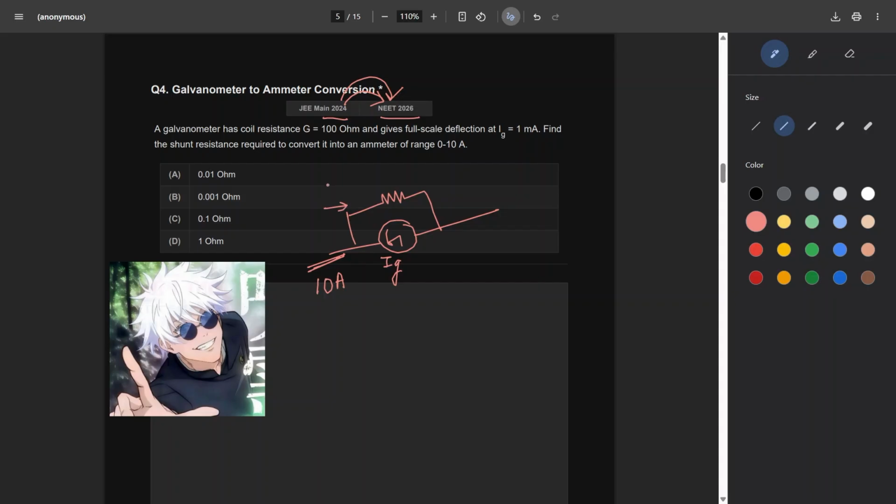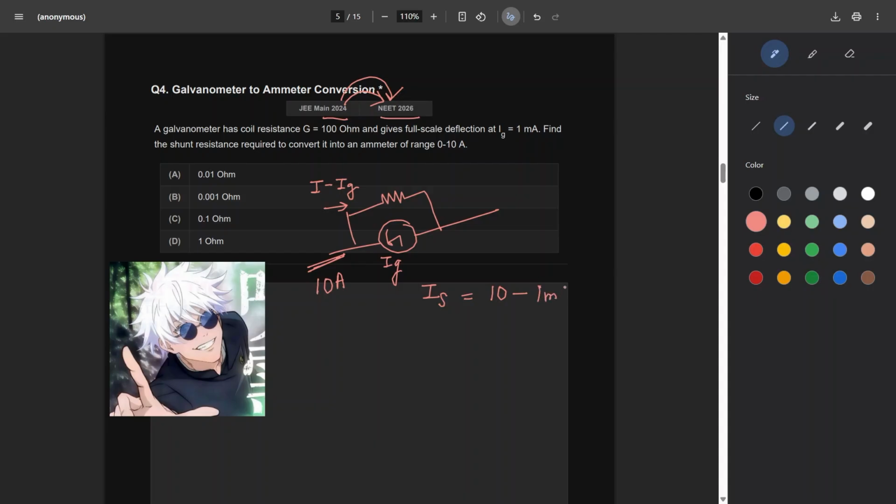And this stuff is I minus IG, right? We take the current going into the galvanometer as very small, and then we take this I, that current going into the shunt, as I minus IG, right? Like 10 minus IG.